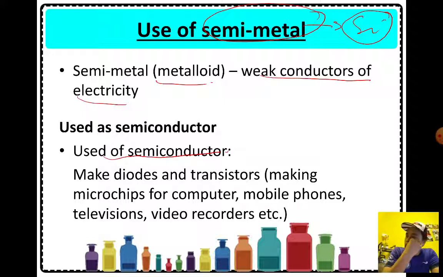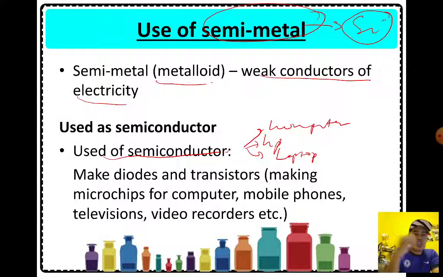Dia banyak digunakan dalam alat-alat komunikasi kita, terutama dalam handphone kita, dalam laptop kita, dalam komputer, mobile phone, television, video recorder. Make diodes and transistor. Sebabnya fungsi dia, sebab dia sangat tahan haba, dia tak mudah cair.